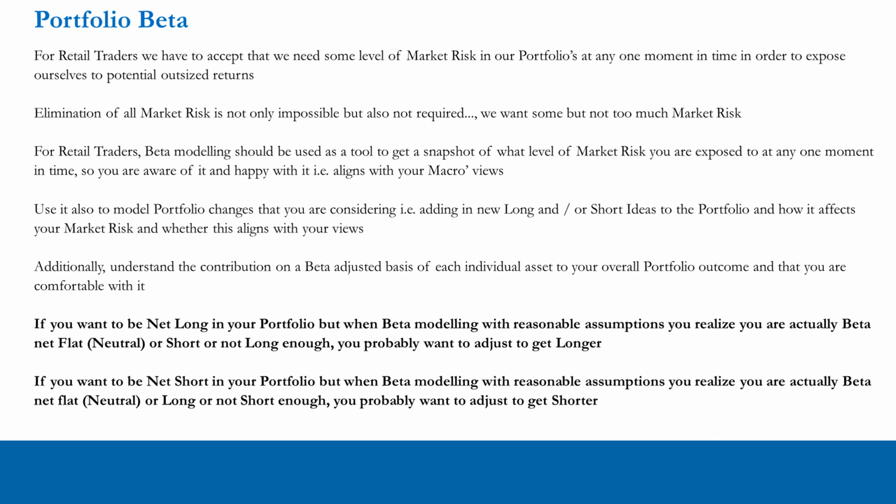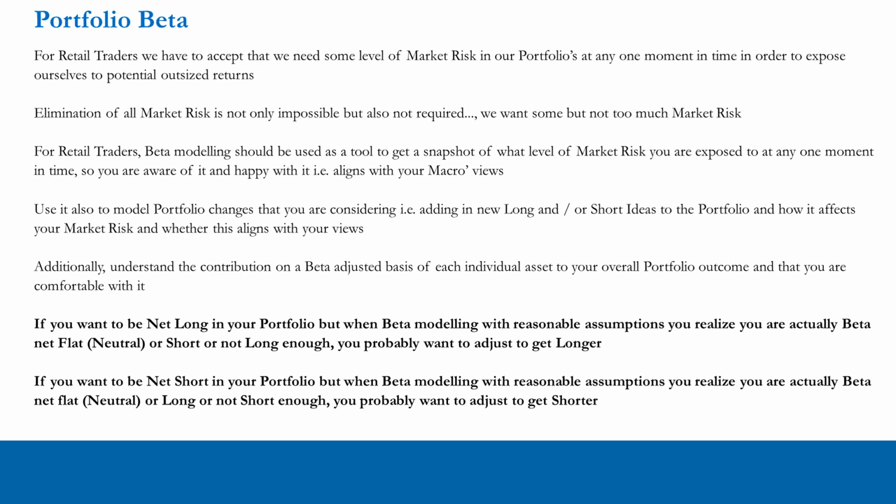So if you want to be net long in your portfolio, but when you're beta modeling your portfolio with reasonable assumptions, you realize that you're actually beta flat or neutral, or even beta short, or even just not long enough, then you probably want to adjust your portfolio to get longer so it aligns with your market view.